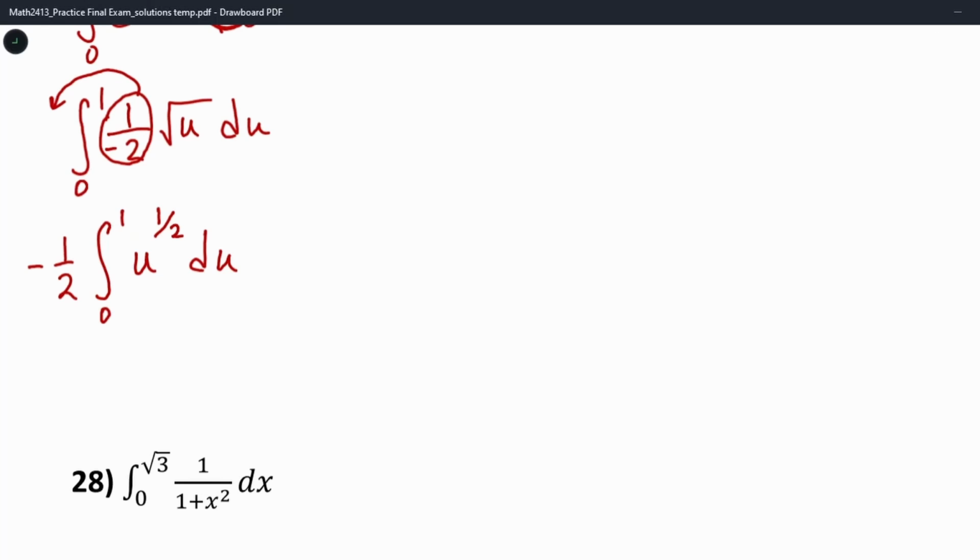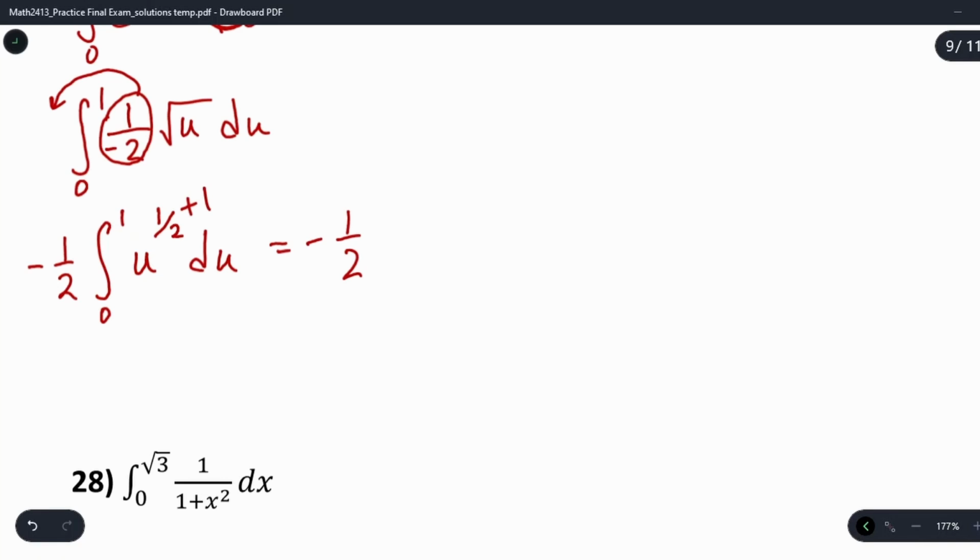So taking the antiderivative, that's going to give us negative 1/2. If I add 1 to the power, that'll give us u to the 3/2. And then I need to divide by the new exponent, which is the same as multiplying by the reciprocal.